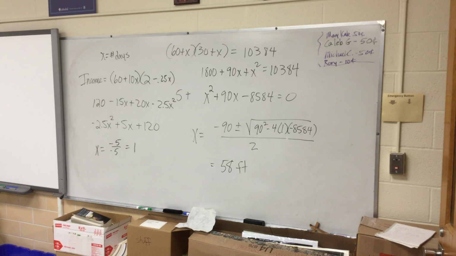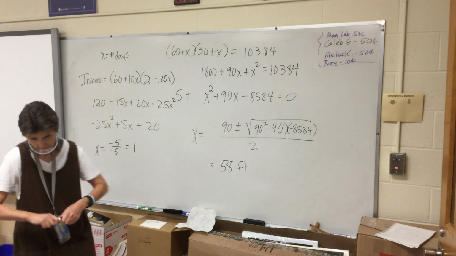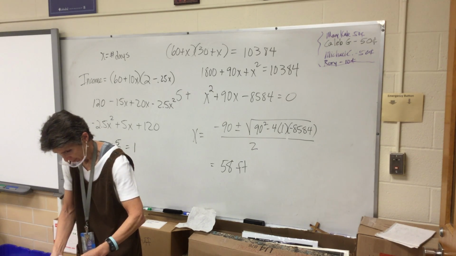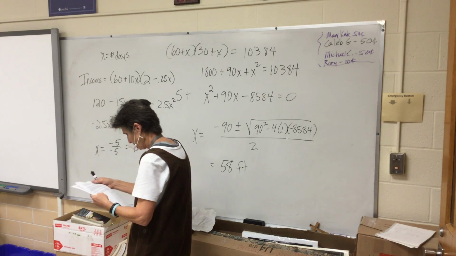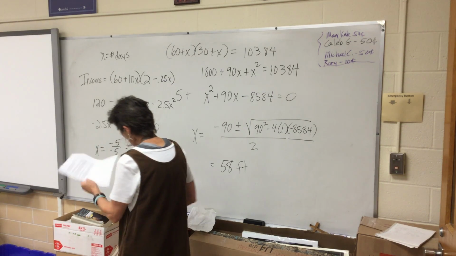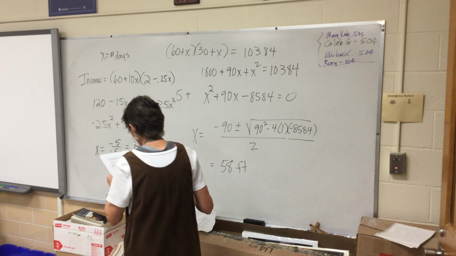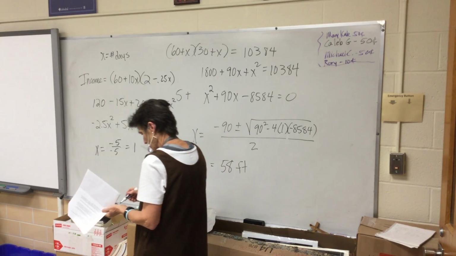Alright, so let's see what's got everybody stumped. Number 14. Find the dimensions of the largest picture that can be framed by a blue and gold ribbon that's 124 centimeters long.